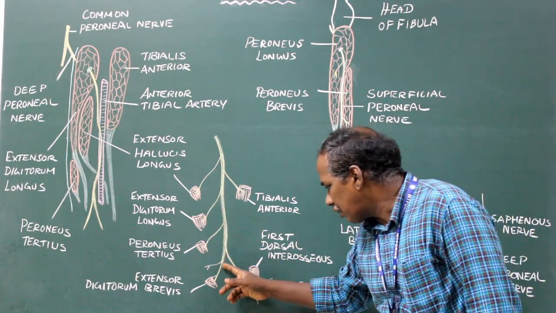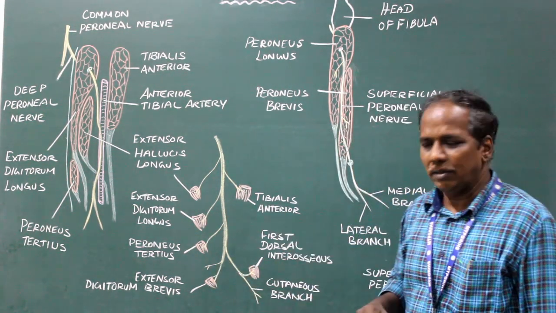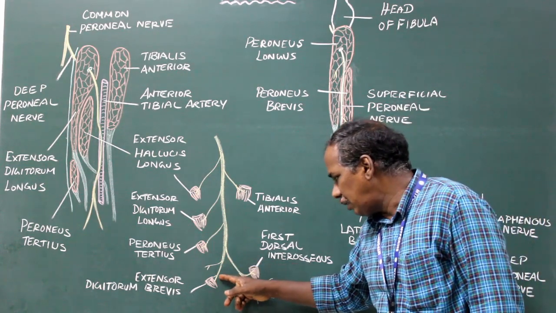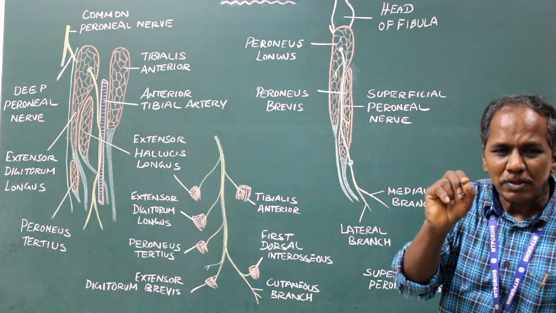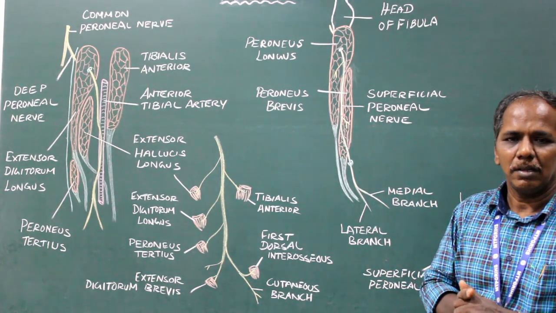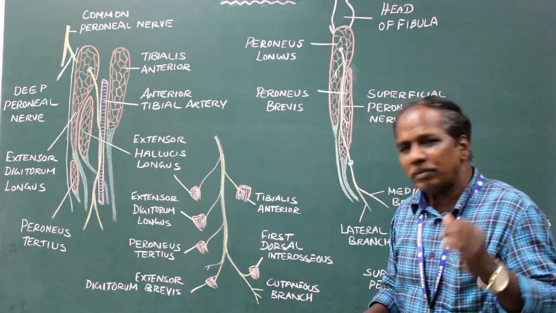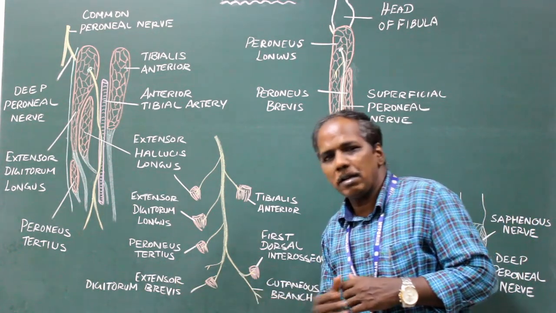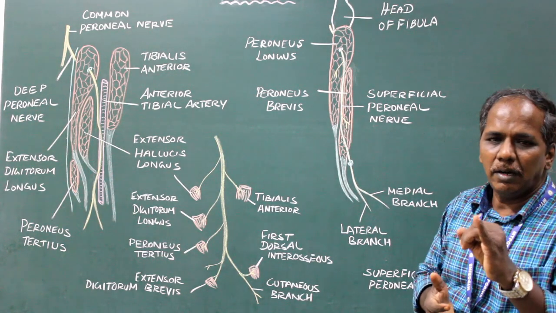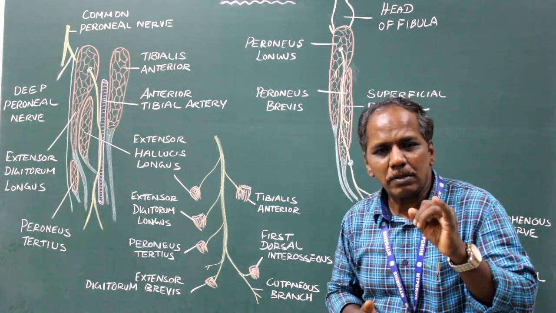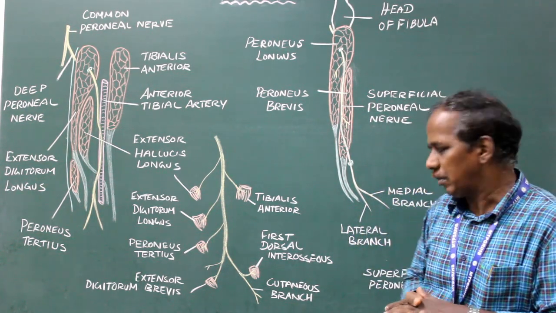The lateral terminal branch gives an articular branch to the ankle joint. Then it runs deep to the extensor digitorum brevis, where it forms a pseudoganglion. From the pseudoganglion, the lateral branch gives a muscular branch to extensor digitorum brevis, and it also supplies the tarsal joint and the metatarsophalangeal joints of the second, third and fourth toes.